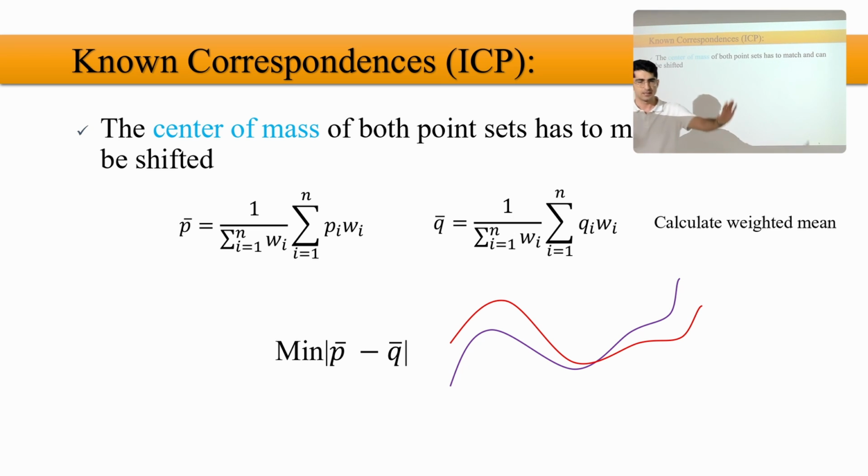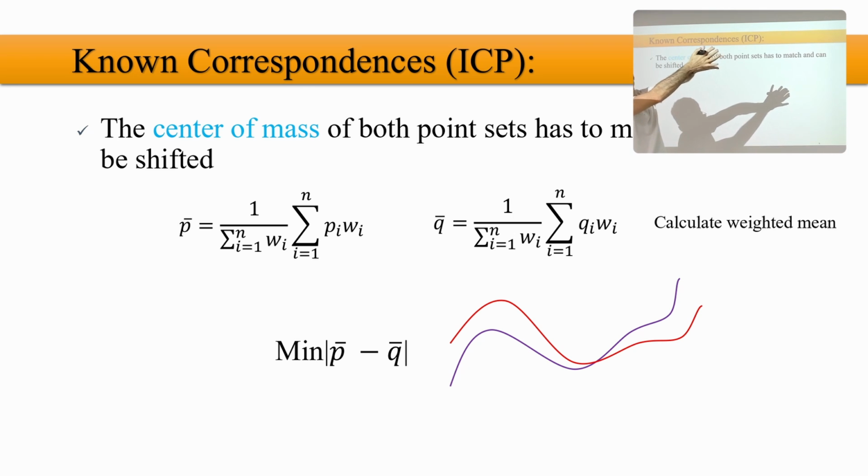It means that if you have point cloud A and point cloud B, the easiest way to merge these together, first of all, is to calculate the center of mass. If you calculate the center of mass of point cloud A and of point cloud B, then you can translate the centers of mass, instead of moving each one of the points. Then you can move the center of mass, but they will not be matched together.